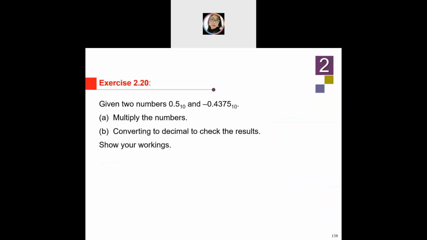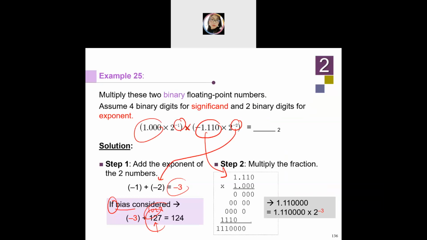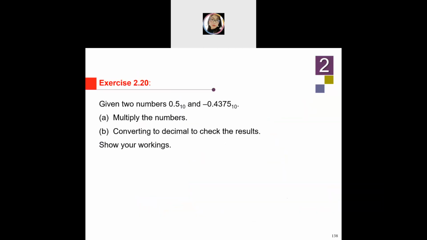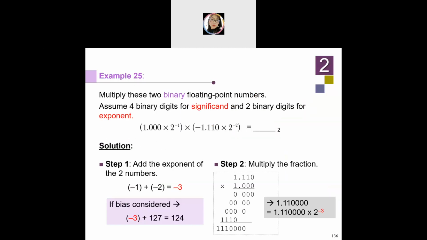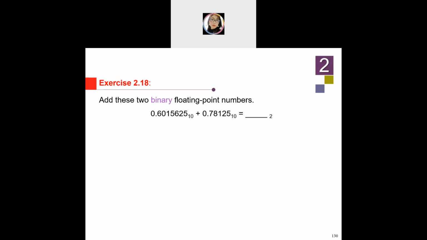Now lastly, the division. Division is also similar, I guess. This one, you're going to divide directly. But for these, I think you need to subtract the exponents for divisions. Okay. So any question? We just covered addition to multiplication in our COA.